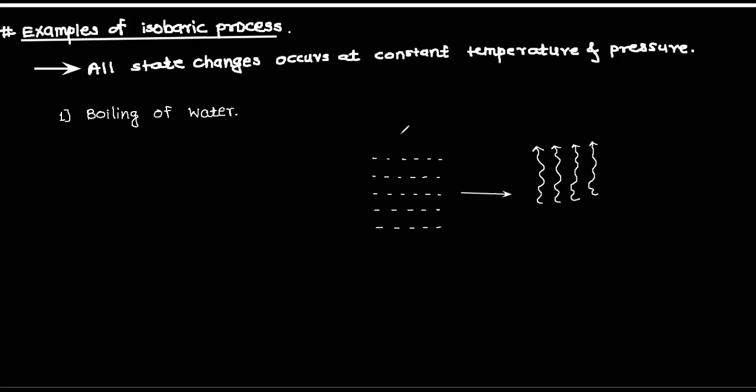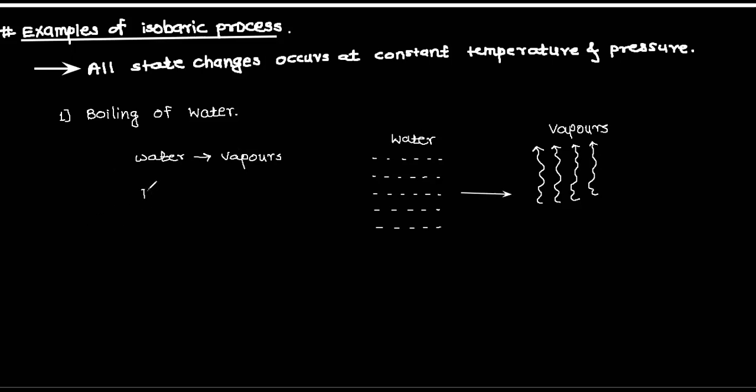So here I am writing it as water, and this one is going to convert into vapors. Now, in this case, what happens? Water turns into vapors. Next, temperature remains constant, but volume will increase.